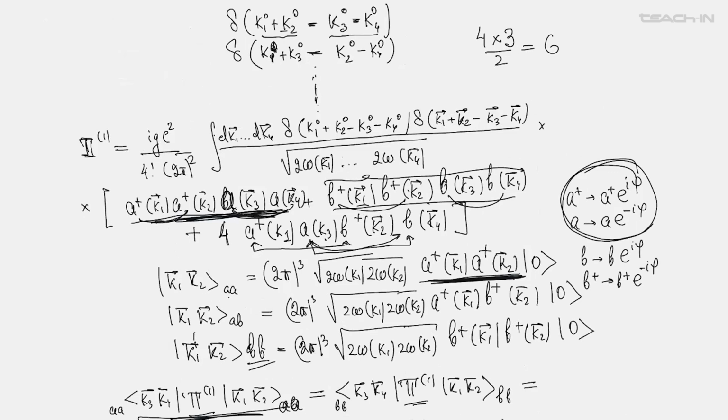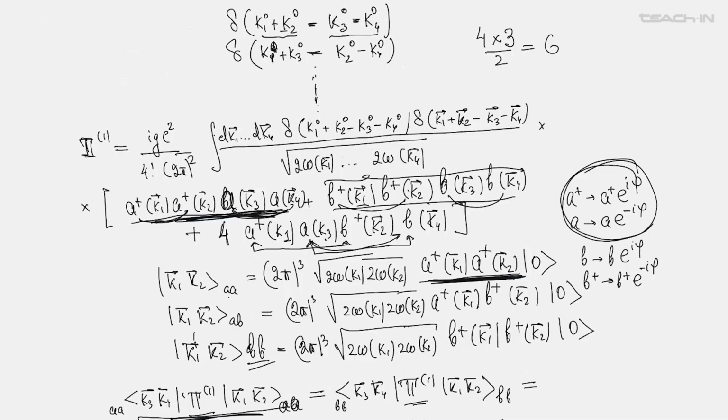And the solution to this equation is given by phi of k multiplied by a delta function of k squared minus m squared.